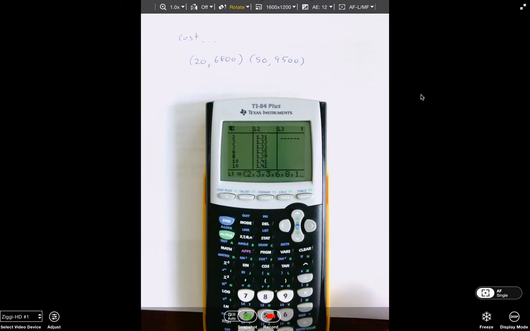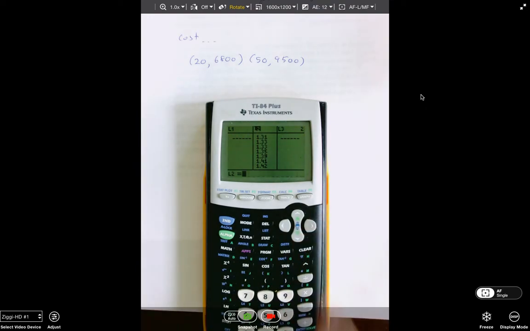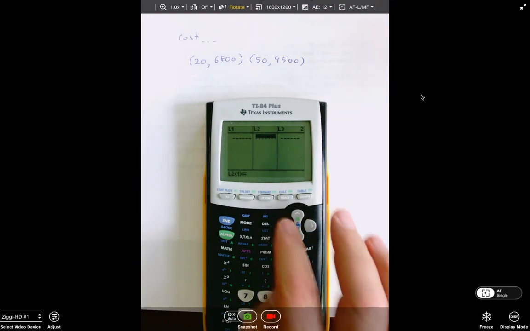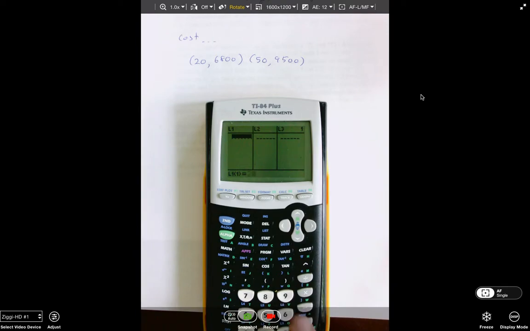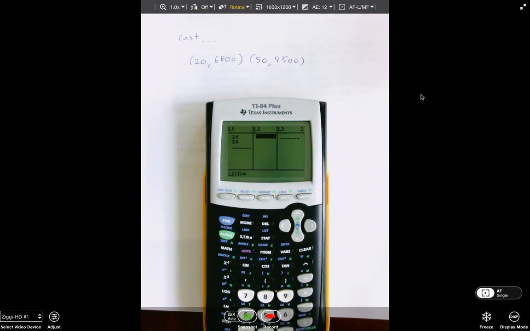So go up and hit Clear, Enter, and go over and hit Clear, Enter. All right, so my numbers are 20 and 50. And with 20 goes 6,800. And with 50 goes 9,500.